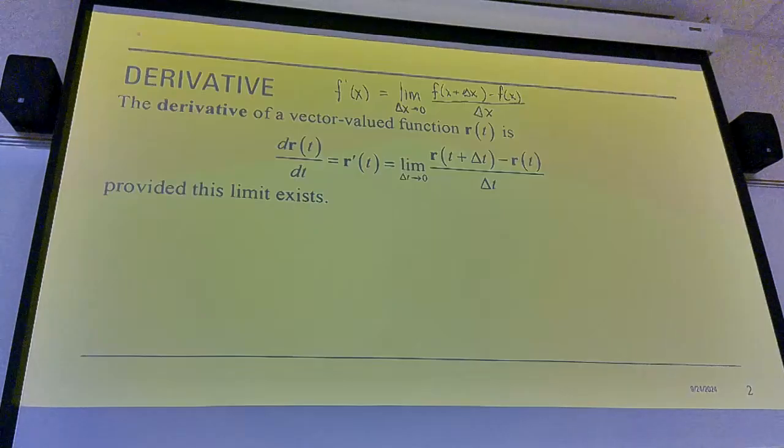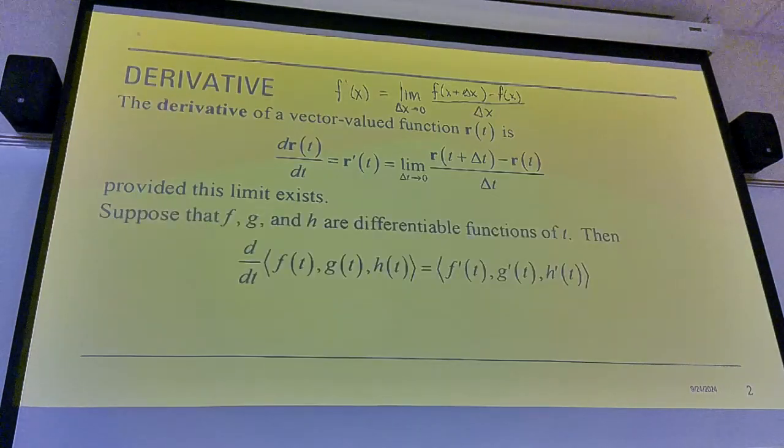Which means that limit would go into each component, but that would be the derivative of the component. So the derivative of your vector is the derivative of each component.